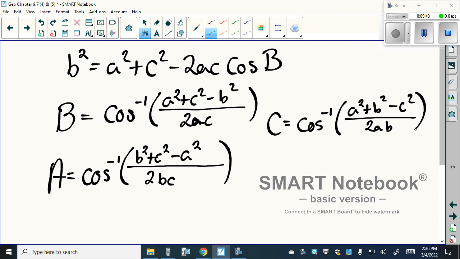For B, it's the same thing: B is the side length being subtracted, and it's not on the bottom. And the same is true with C.